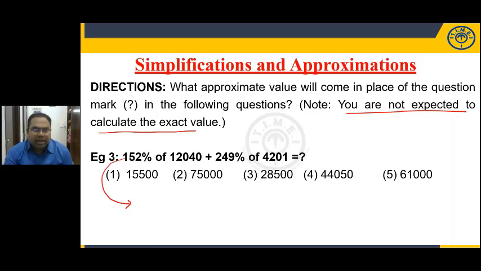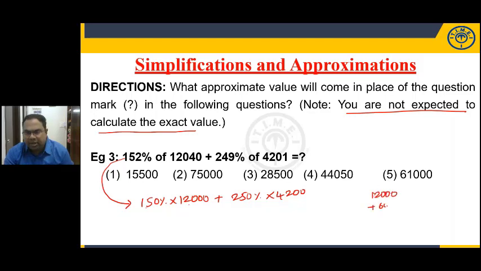Now here, I'll write this way. It is 150% of 12,000 plus 250%, approximate only, na, 4,200. So 150% is 100%, 12,000, plus 50%, half, 6,000.